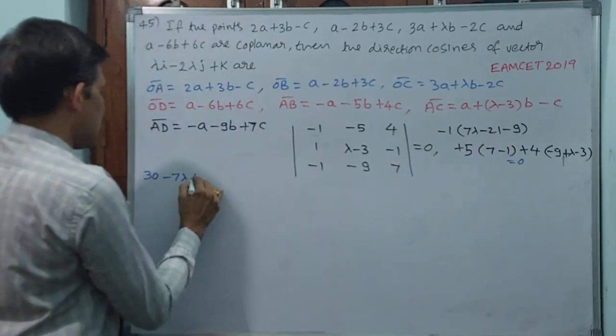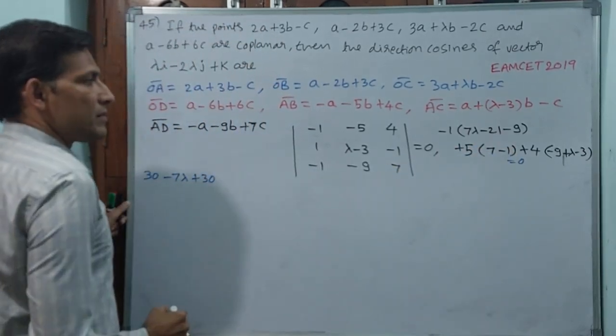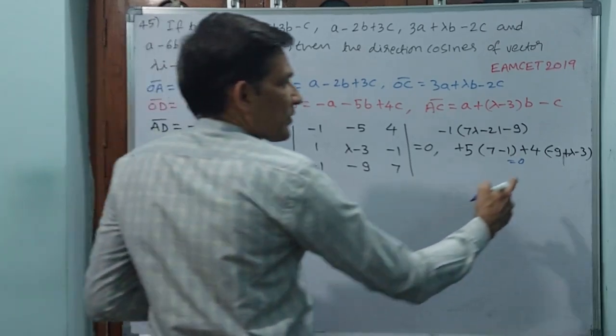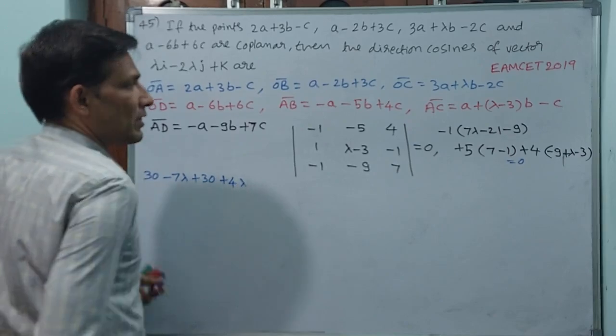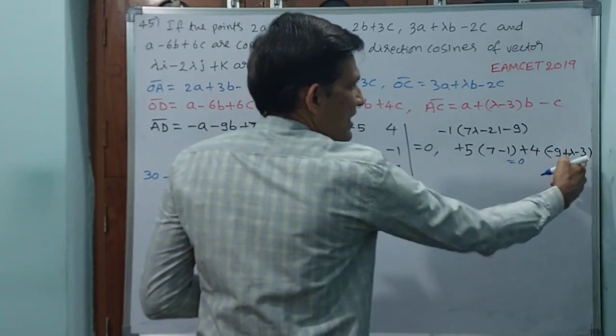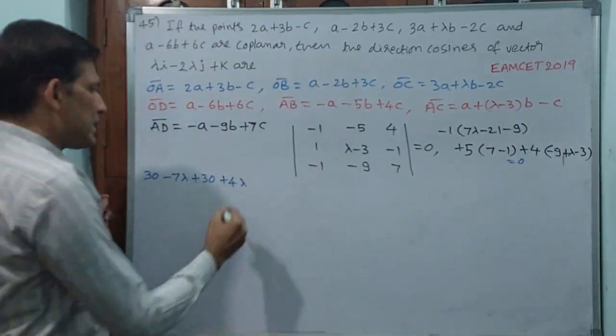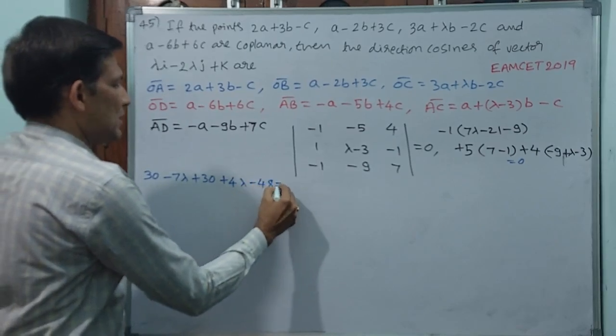30 plus 30. Now you see 4 lambda. And minus 12 into 4, minus 48, is equal to 0.